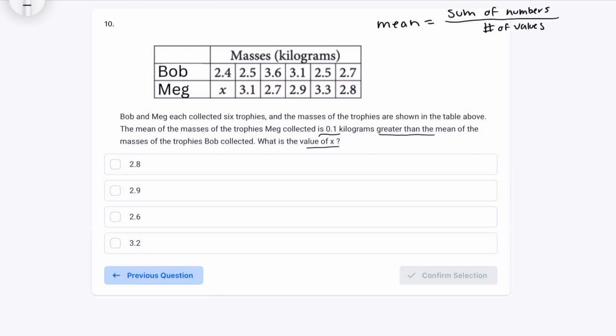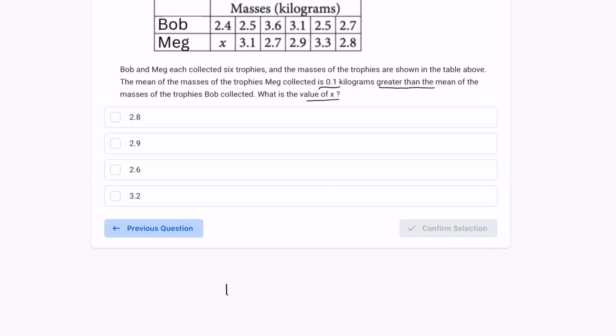So we know that the mean of the masses of the trophies Meg collected is 0.1 kilograms greater than the mean of the masses that Bob collected, right?